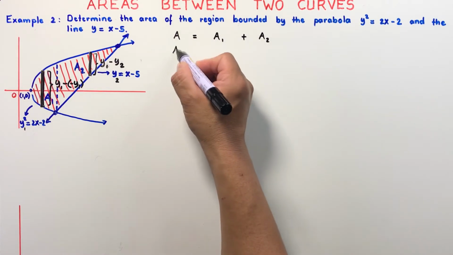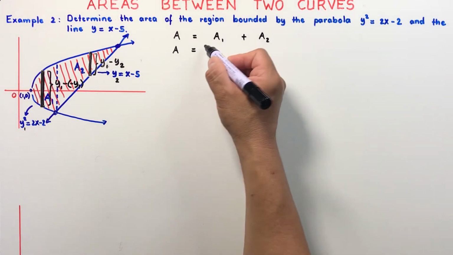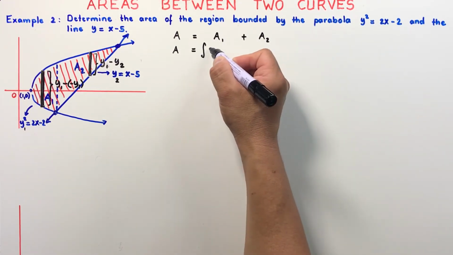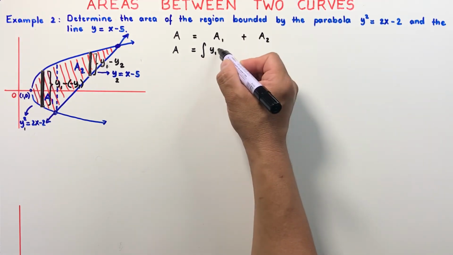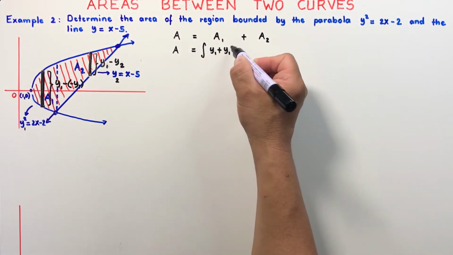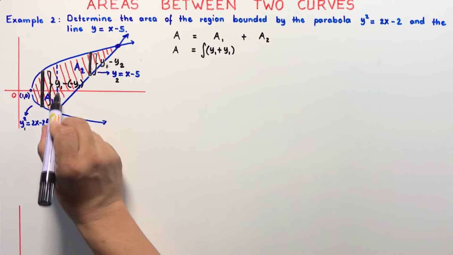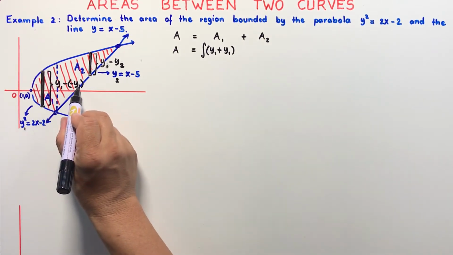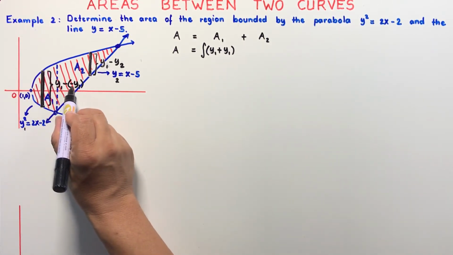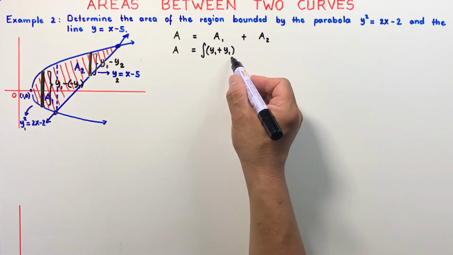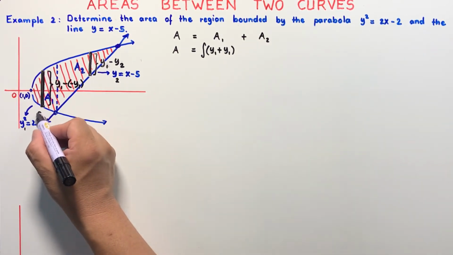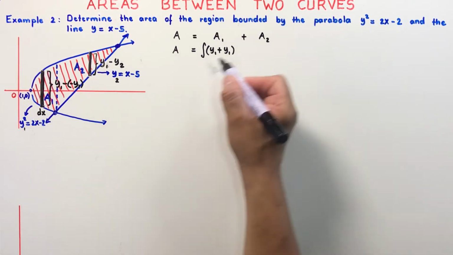So area is equal to the integral of y sub 1 plus y sub 1, because y sub 1 minus the negative y sub 1 is y sub 1 plus y sub 1 here, and it has a thickness of dx in this slice.